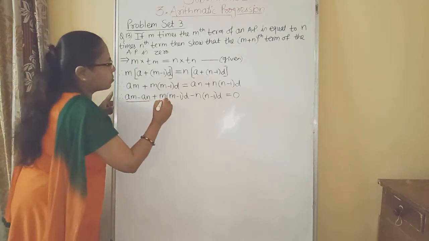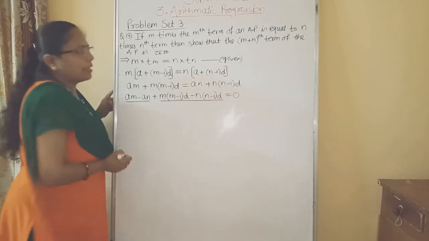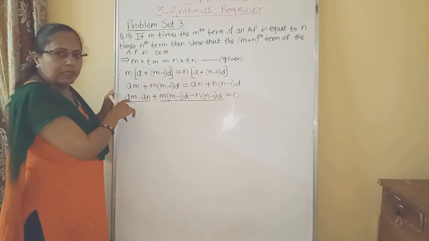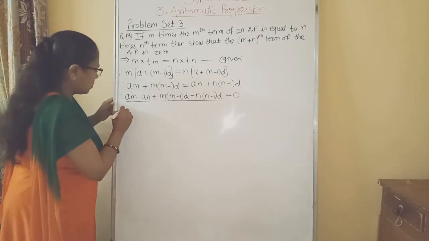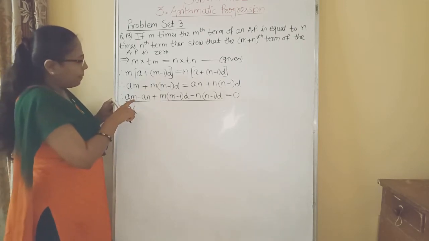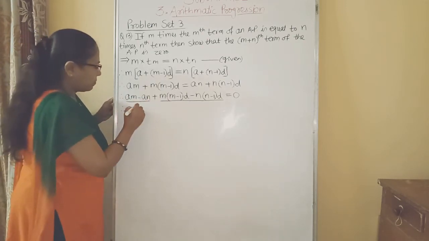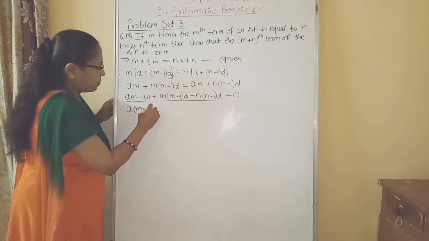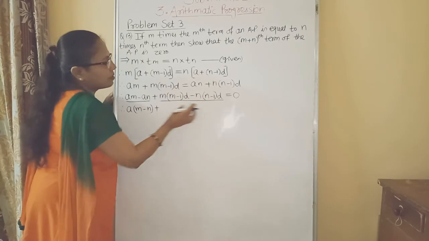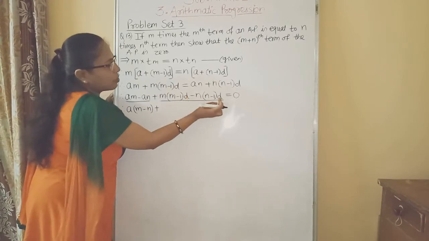Now we will make groups. This is the first group and this one is the second group. In the first group we will take a as a common factor. So a into bracket, what do we get? m minus n, plus, now from this group we will get d as a common factor.